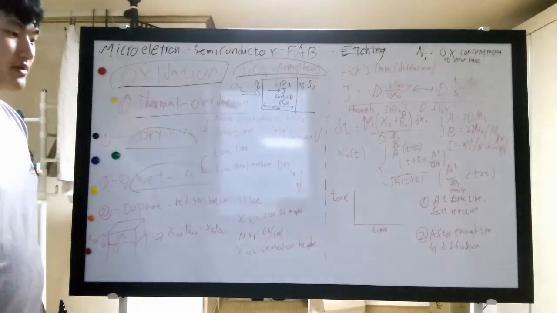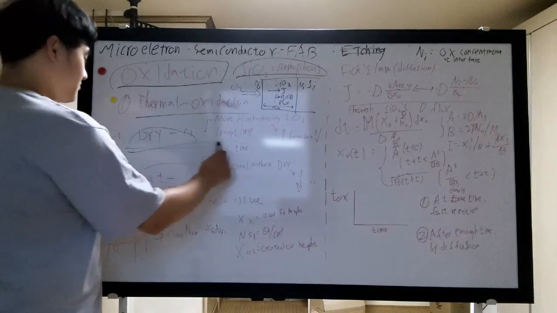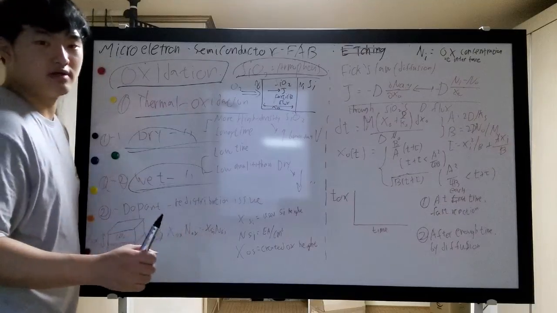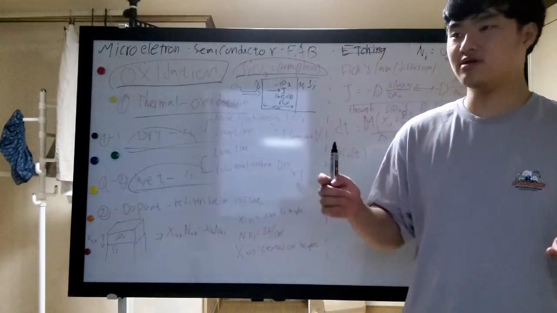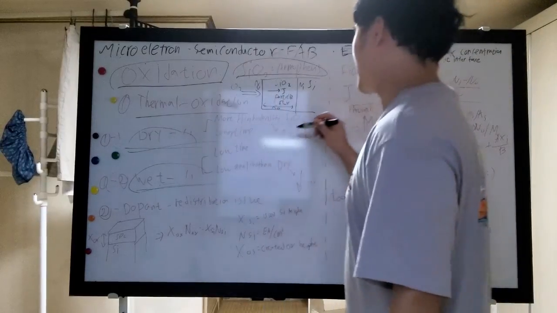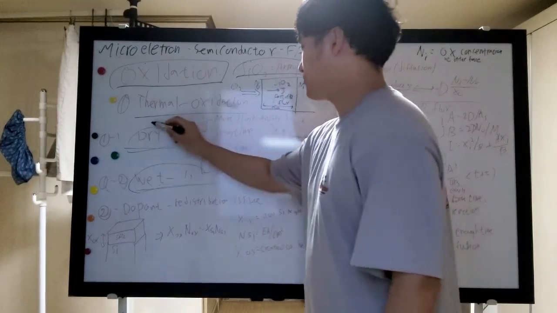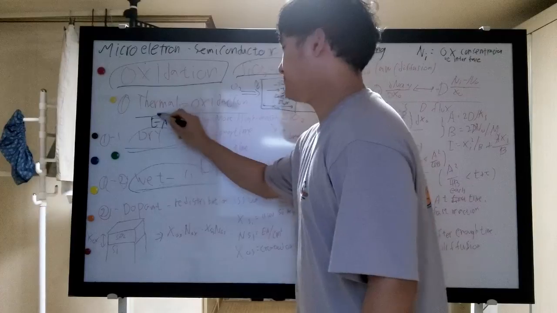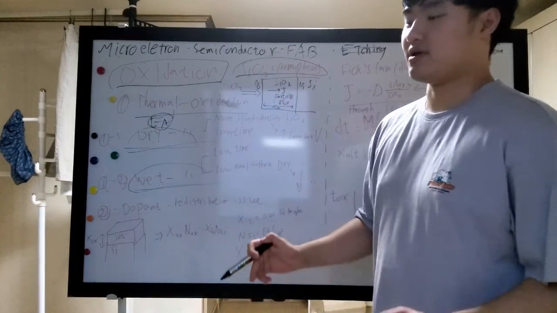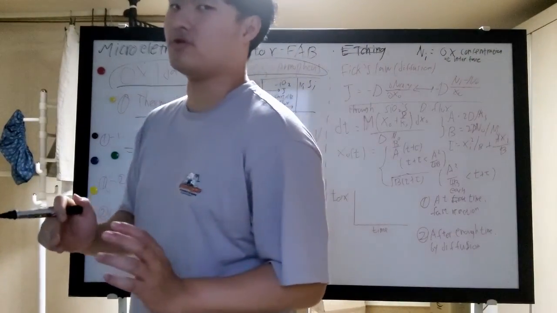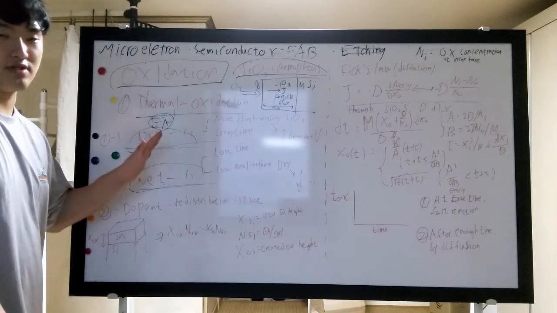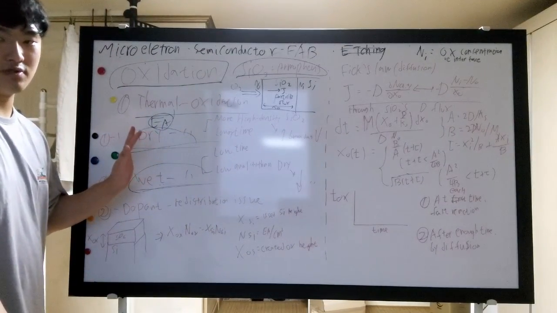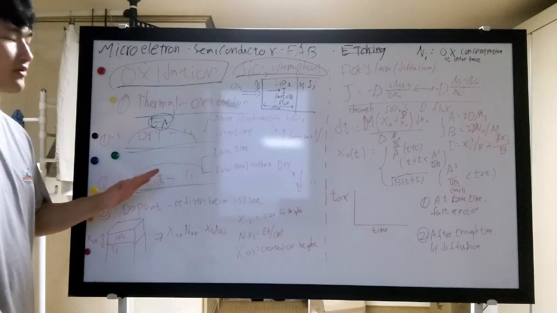So the dry process and wet process, if they have enough energy to react, which is shortly called EA, the energy to be reacted, then the oxidation process will finally be done.